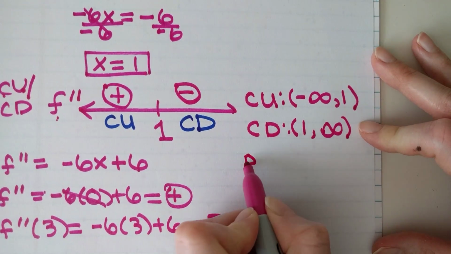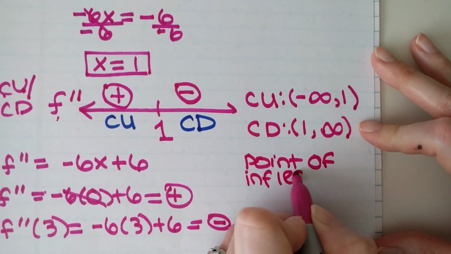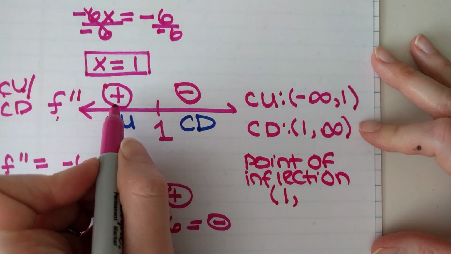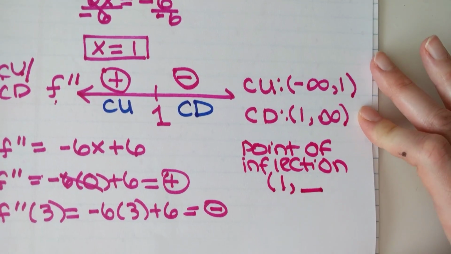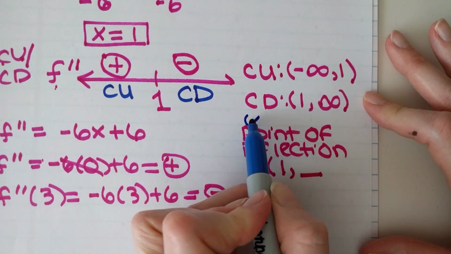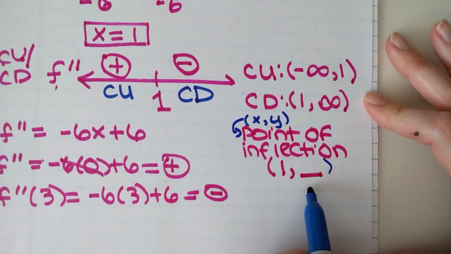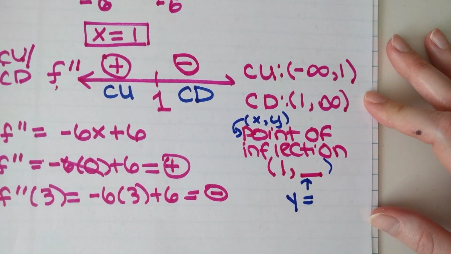Now, we also have what we call a point of inflection, or an inflection point, at 1, because we have a change in concavity and the first derivative is defined. Now, when you think about a point of inflection, a point means we're talking about x comma y. So anytime we have an x comma y, we will have to plug into the original function.